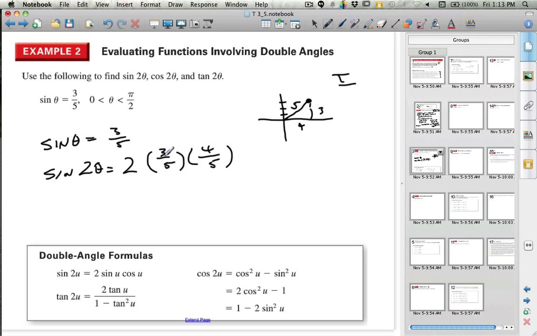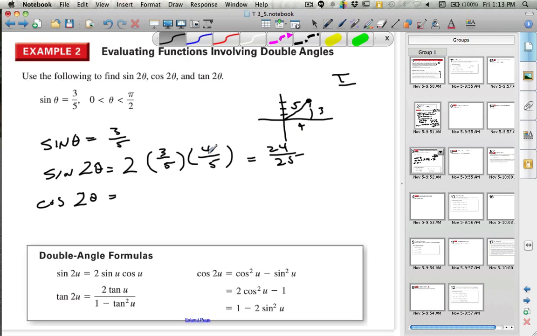So I'll have 2 times 3 is 6, times 4 is 24, over 5 times 5, which would be 25. If I want to find cosine of 2 theta, that's going to be cosine squared.